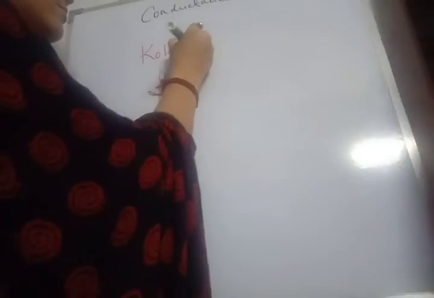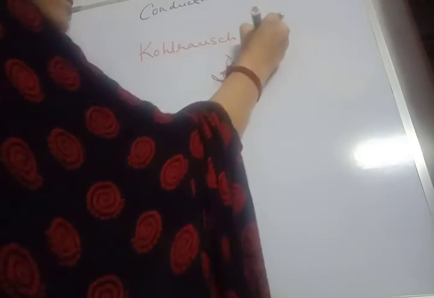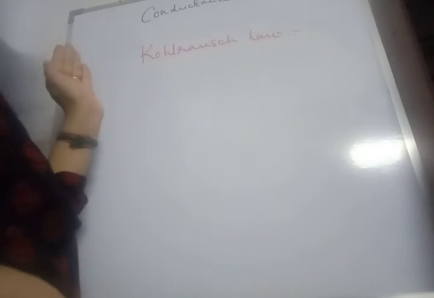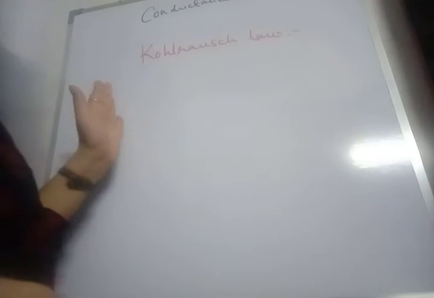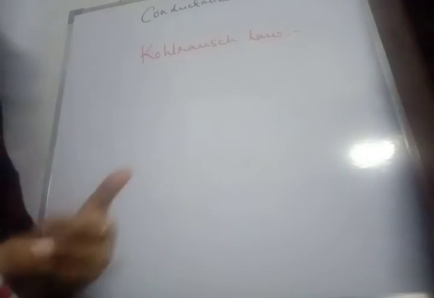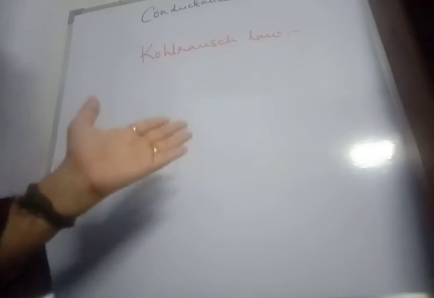Kohlrausch law of independent migration of ions. Now, at infinite dilution, each ion will contribute to the molar conductivity of the solution, such that the contribution of one ion will be independent of the contribution of the other ion.